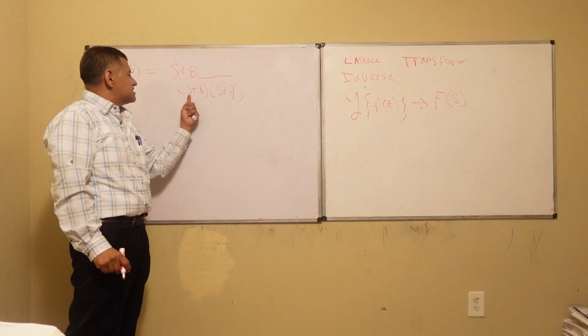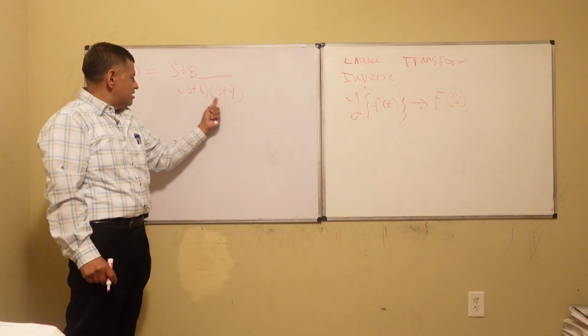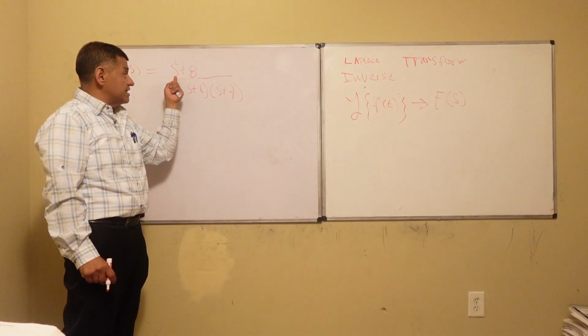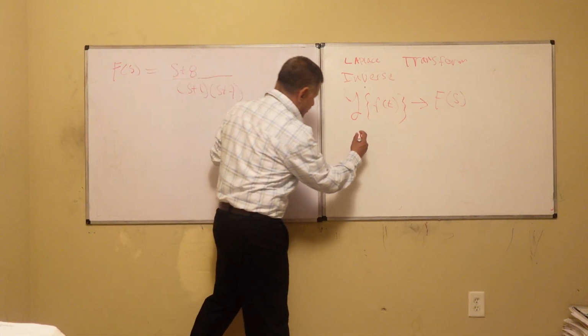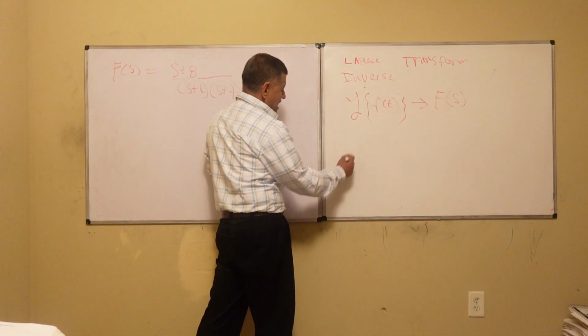Because if you multiply this times this, it's going to be an s squared. So it's a degree higher than the top, which means that at the end we will have something like this. So we have some number.